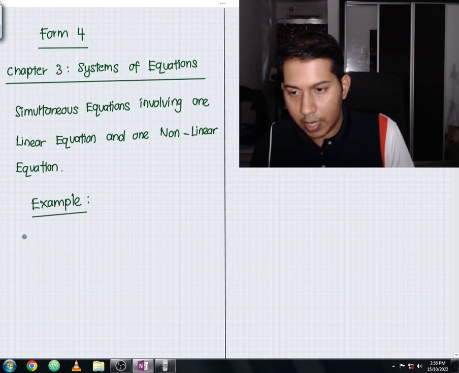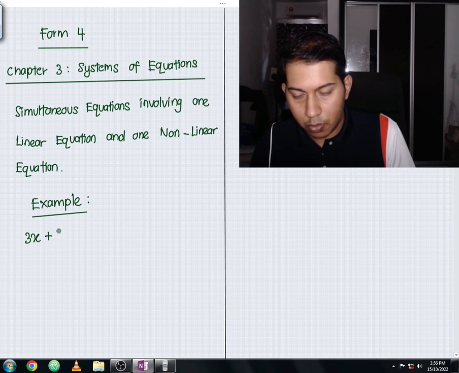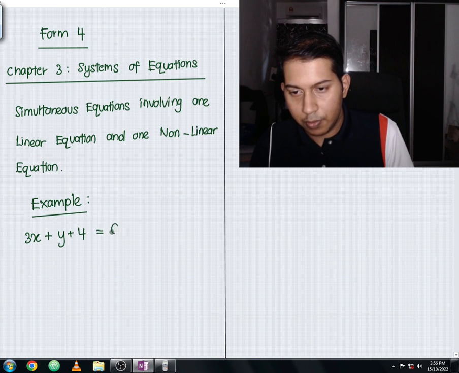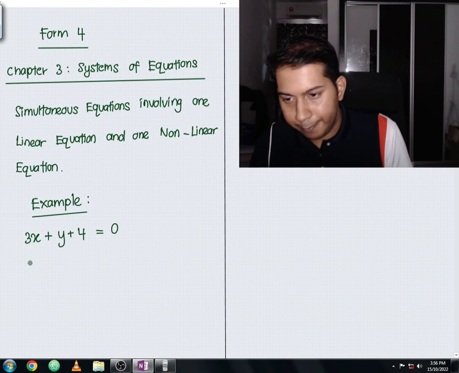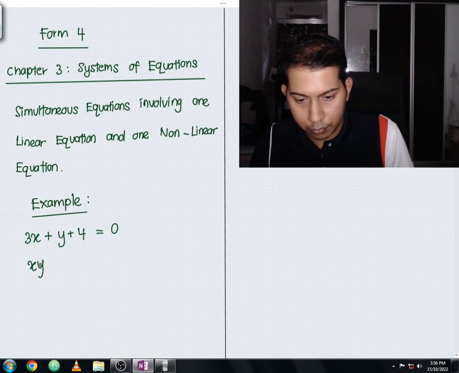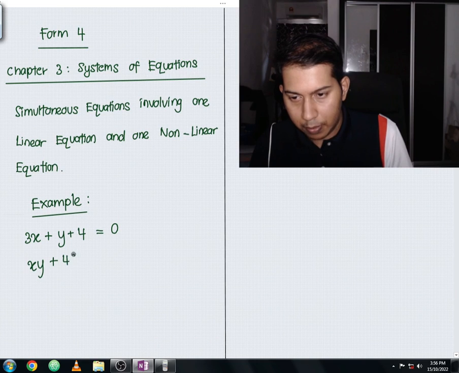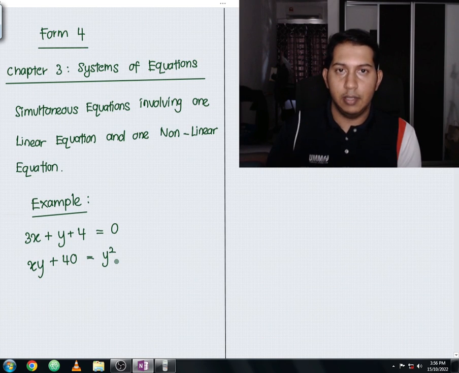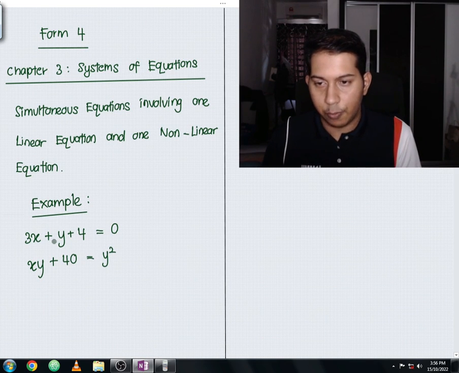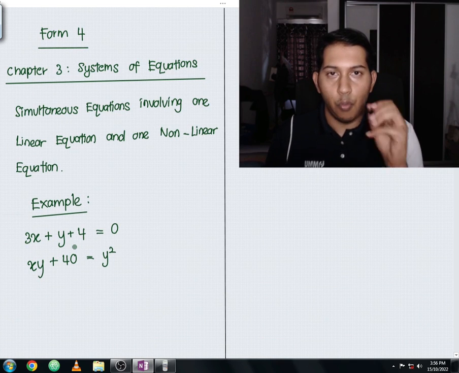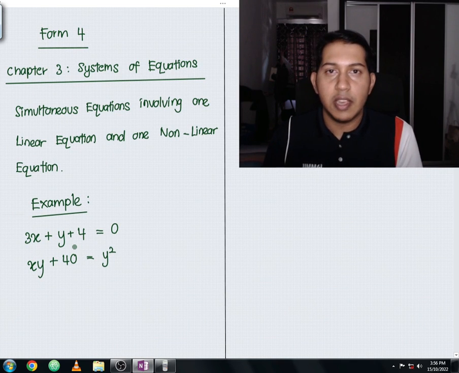The first one is 3x + y + 4 = 0, and the second equation is xy + 4 = y². As you can see in this question, they already gave us one linear equation and one non-linear equation.